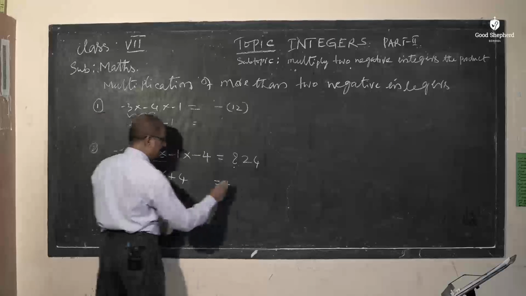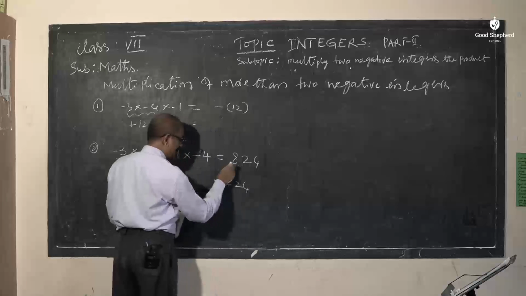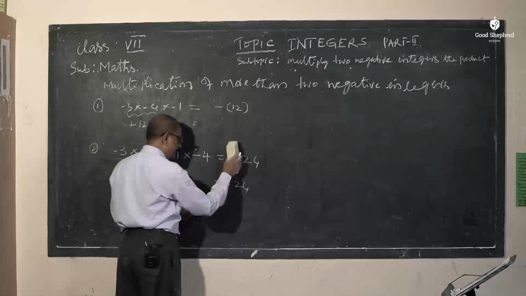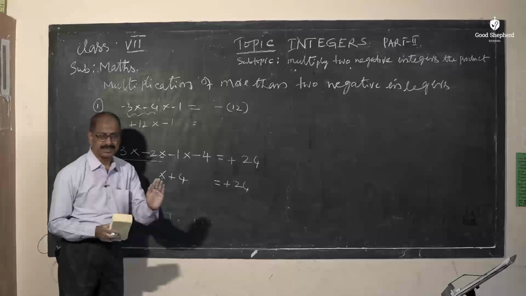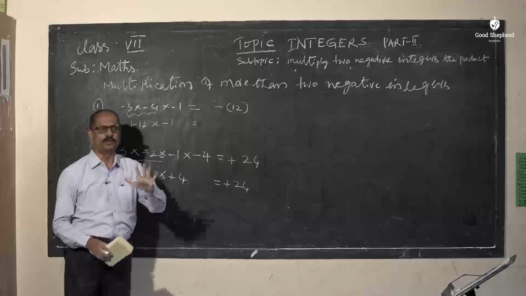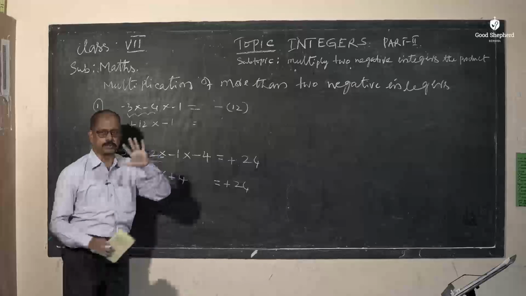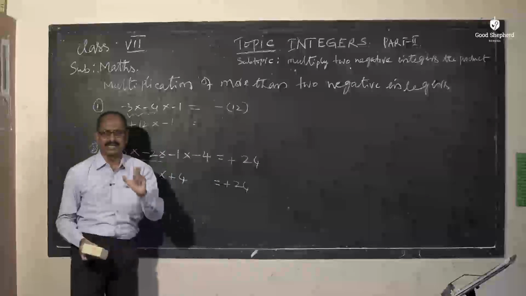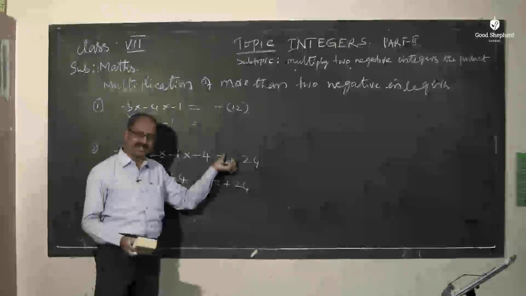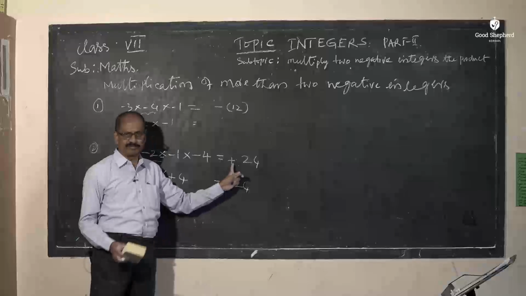Then 6 4s are 24. In place of the question mark, I can put plus 24. There is no need to write the plus sign, you can simply write 24. It should be understood to be positive. We only need to write the sign if it is negative; there is no need of writing positive.